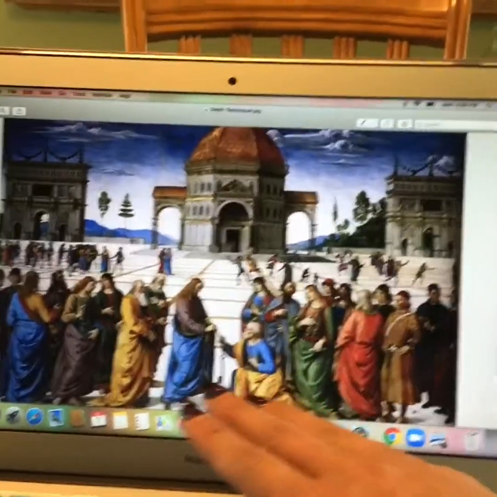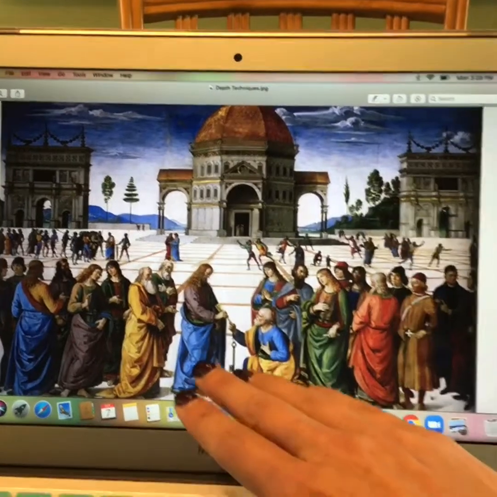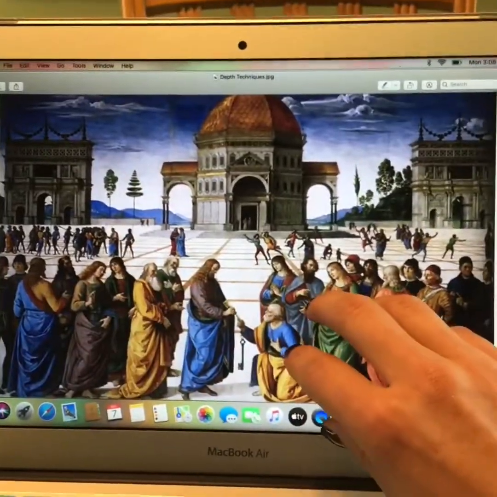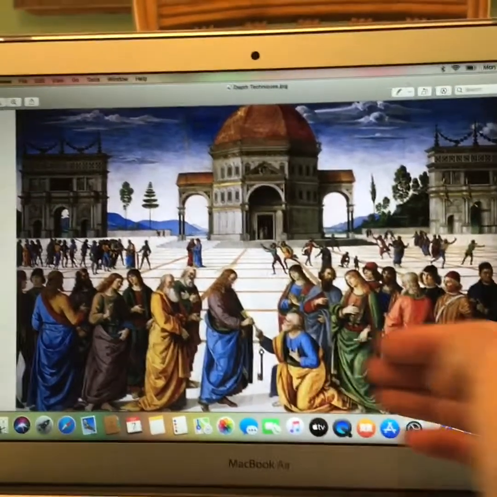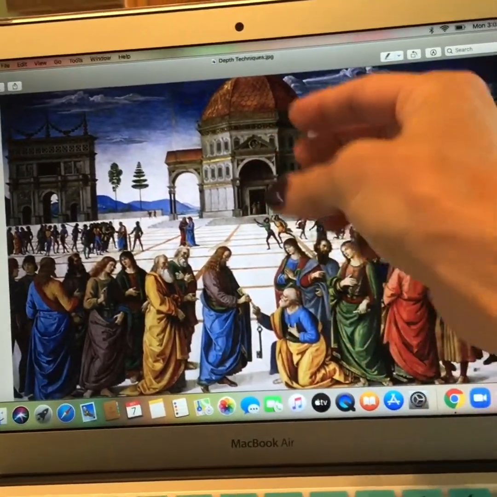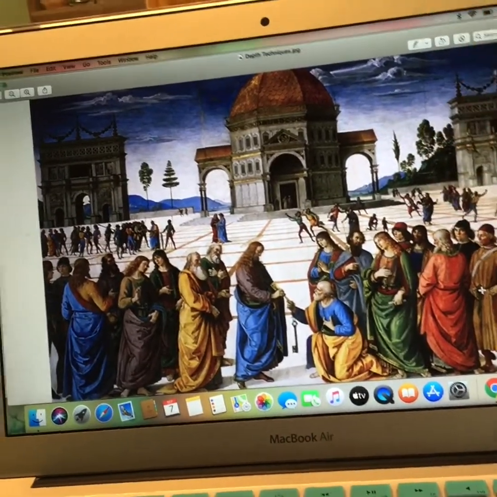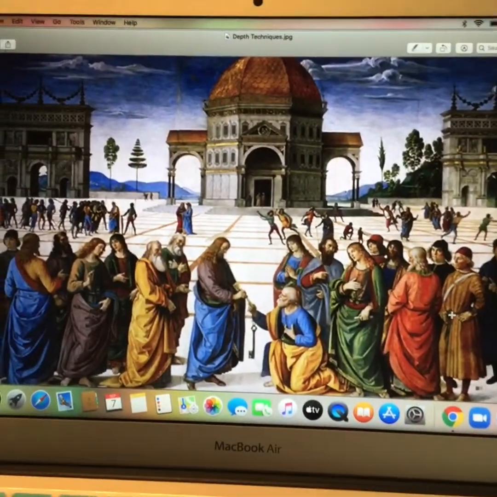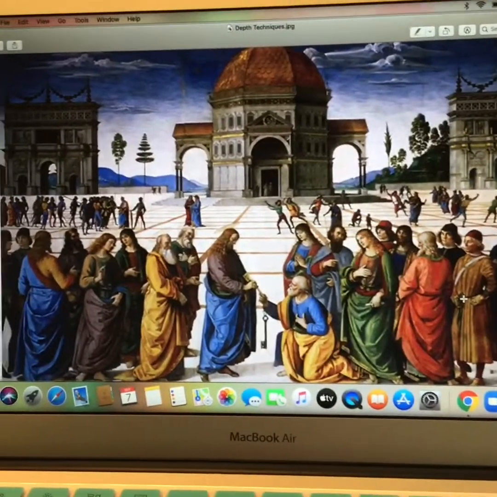So when we talk about position on the picture plane, what you need to know is that as a general rule, if you place some kind of imagery low on your picture plane, the flat surface of your image, it's going to create a feeling that those objects are nearer to the viewer. Whereas if you place them high up on the picture plane, they're going to appear further away from the viewer. The reason why is because that's how reality works. Things that are far away appear to be higher up in our view.